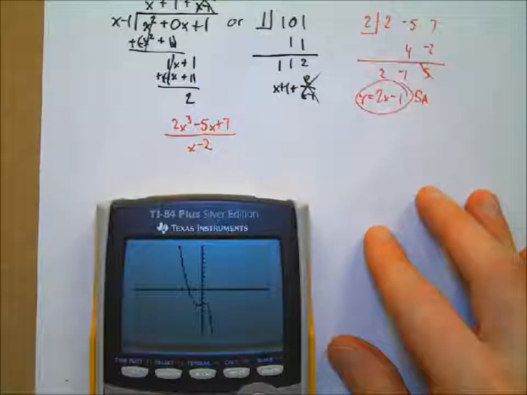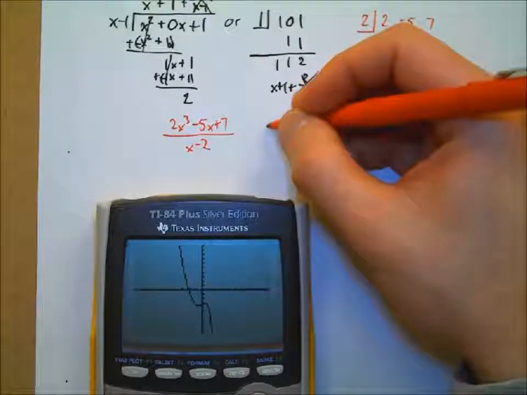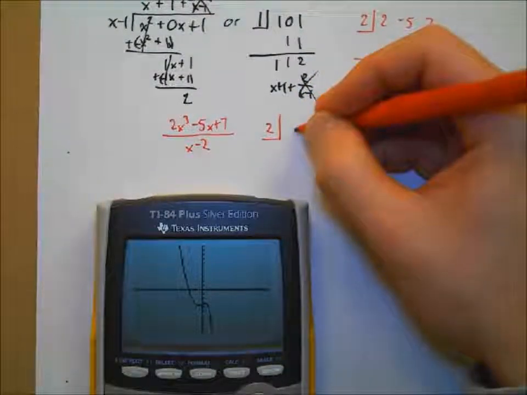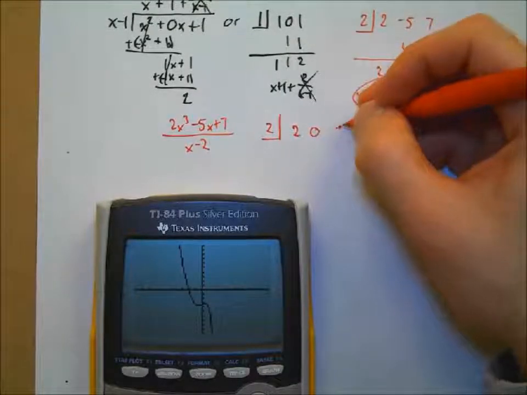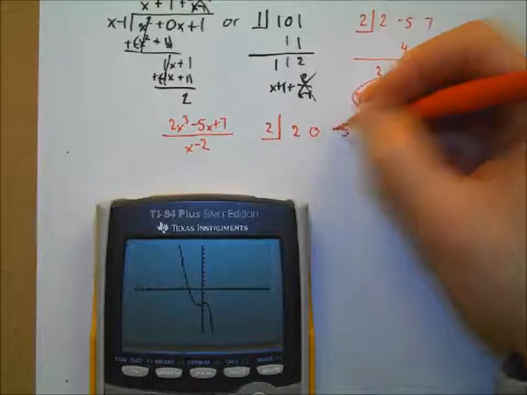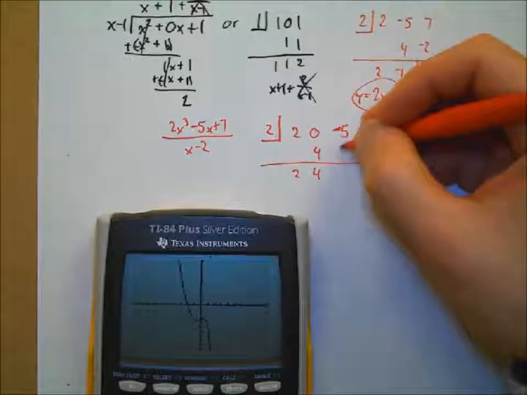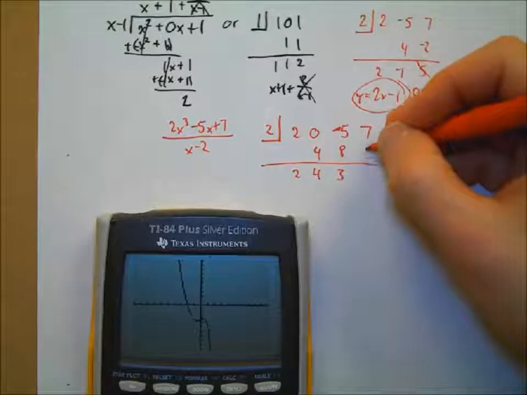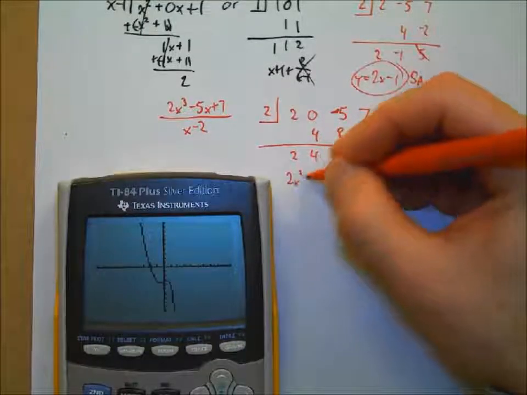If we do that with synthetic division, maybe we can figure something out. So 2, 0, negative 5, 7. I almost put another 0 in there. All right, 2, 4, 4, 8, 3, 6, and then 13. We're going to throw that out. So it looks like 2x squared plus 4x plus 3.